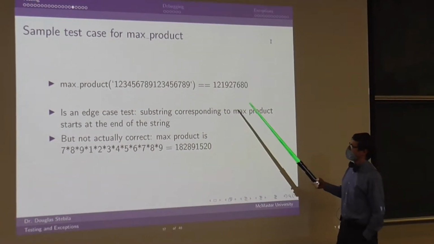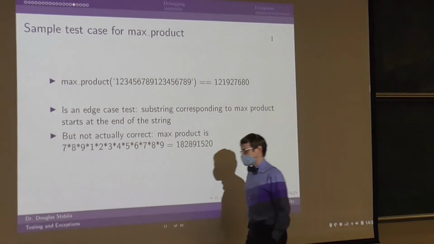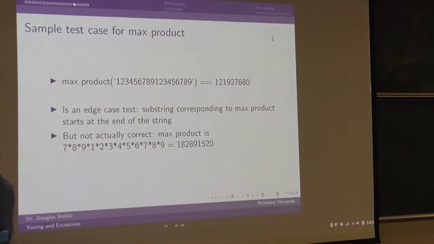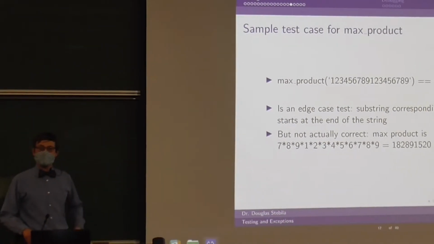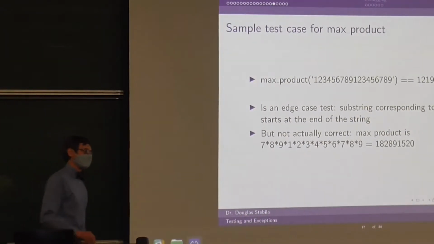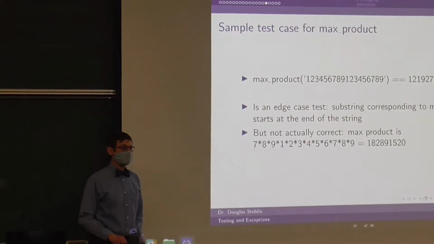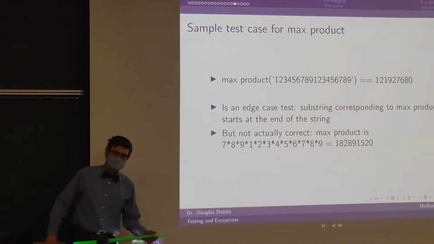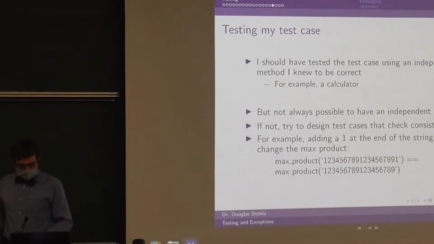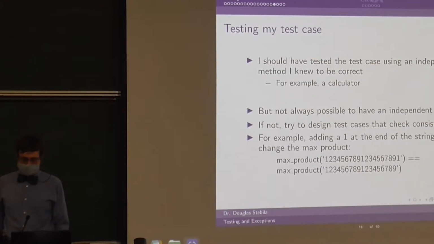So we have a mismatch. We have a failed test. A failed test is always a glorious thing because that means that you know where the bug is. It's better to have a test that fails and know where the bug is than have no tests fail and still have the bug. That just means you're not very good at writing tests.